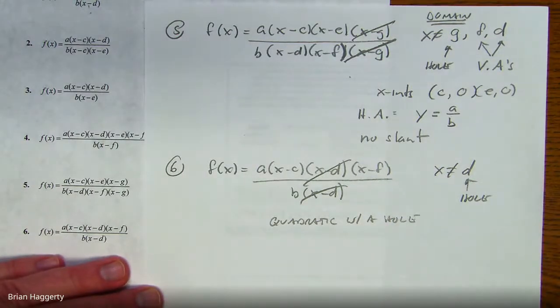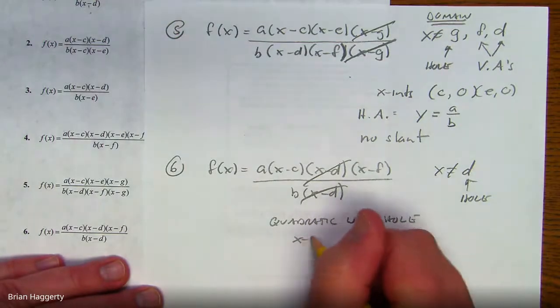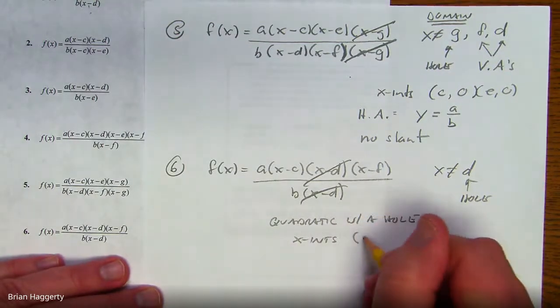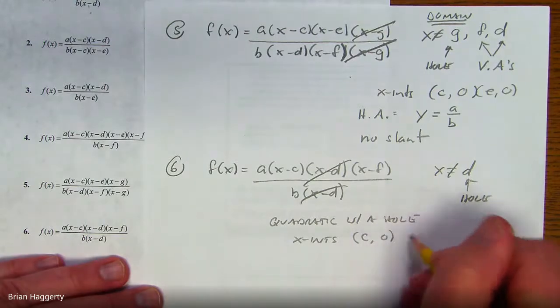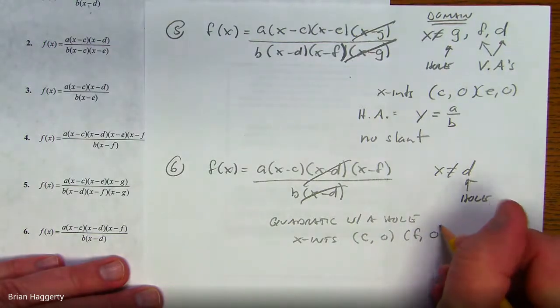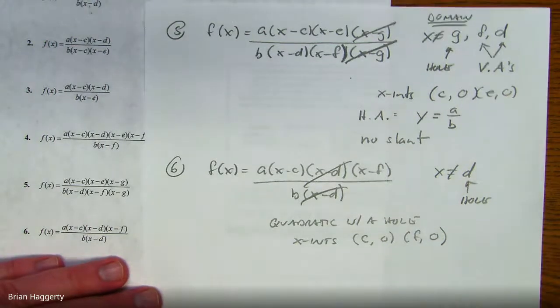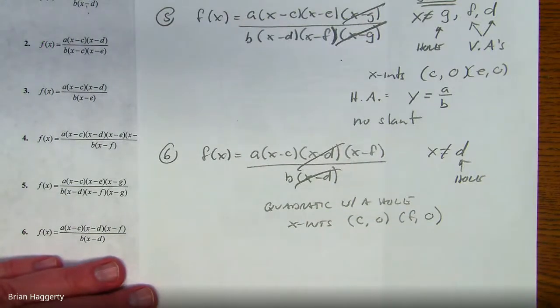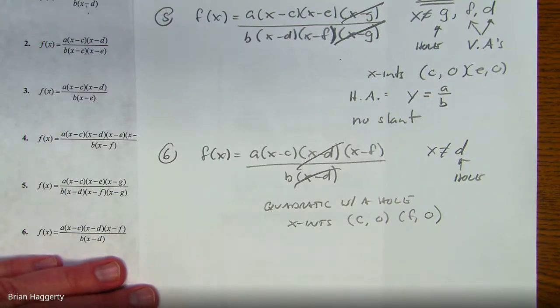All right, how many x-intercepts does it have? Tell me what they are. Perfect. All right. Now, usually with quadratics, we'd like to know which way they open, up or down.